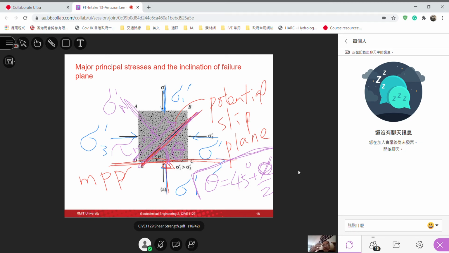At that moment the normal stress and the shear stress are maximum across this potential failure plane. Of course, sigma 1, sigma 3, normal stress and shear stress all have a relationship, by the stress rotation technique that you learned in your mechanics of materials. Later we will discuss. But anyway, remember that.